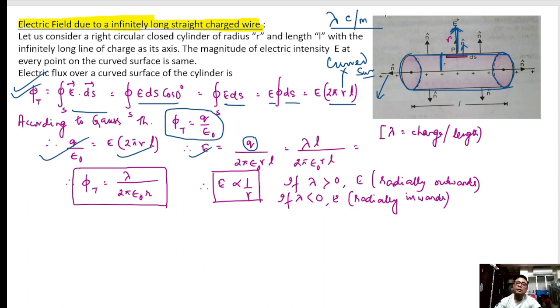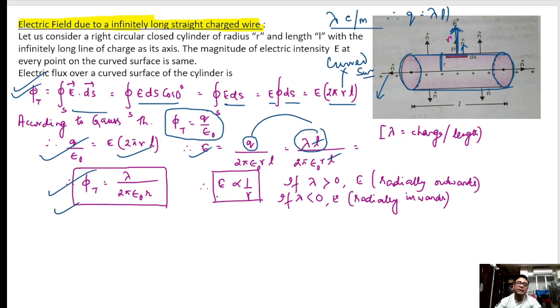Therefore the total charge will be lambda into L. Putting Q equal to lambda L, we get this. So L and L will cancel. This is the formula for the total flux due to the infinitely long straight wire.